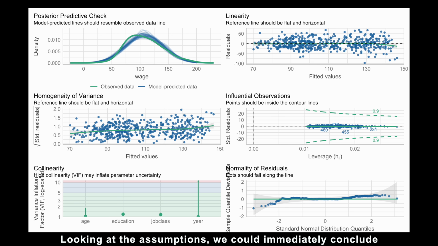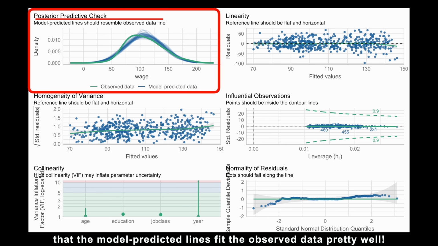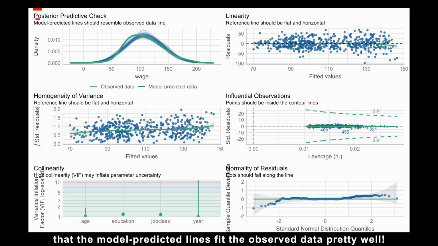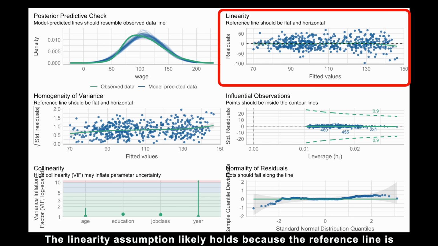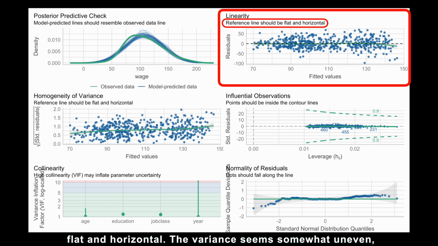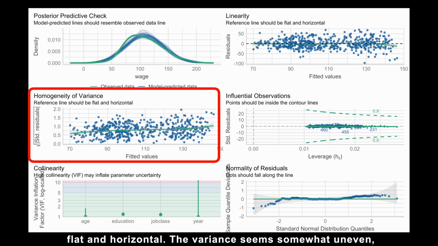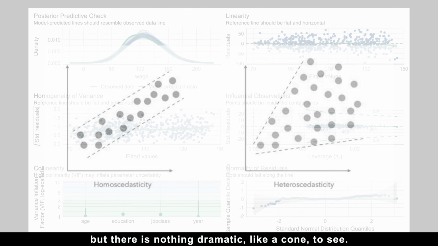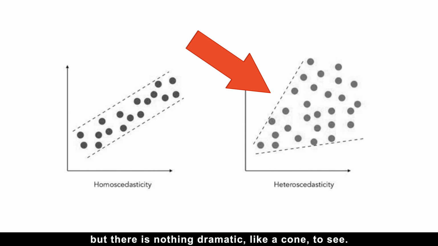Looking at the assumptions, we could immediately conclude that the model predicted lines fit the observed data pretty well. The linearity assumption likely holds because the reference line is flat and horizontal. The variance seems somewhat uneven, suggesting heteroscedasticity might not be entirely absent, but there is nothing dramatic like a cone to see.